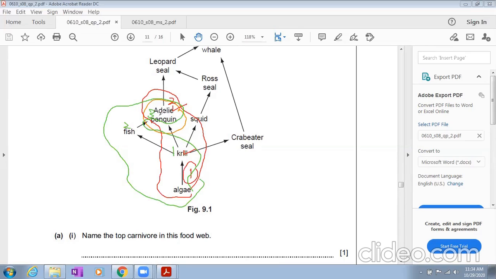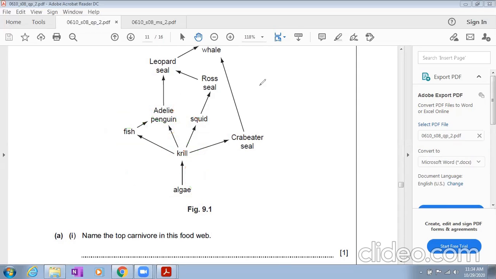So it means this penguin occupies two trophic levels. Our answer should be penguin, because it is occupying two levels.